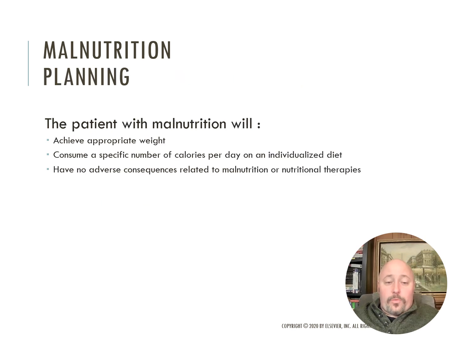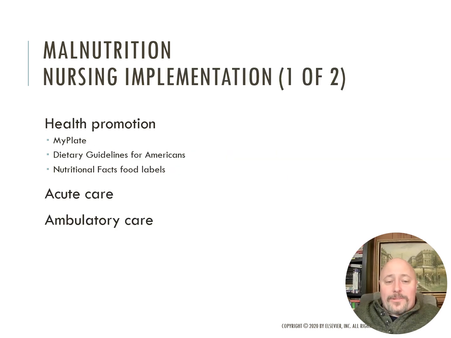For planning, our goals are that a patient with malnutrition will achieve an appropriate weight, consume a specific number of calories per day on an individualized diet, and have no adverse consequences related to the malnutrition or nutritional therapies. For malnutrition, there are other resources available, such as MyPlate, Dietary Guidelines for Americans, or Nutrition Facts food labels.